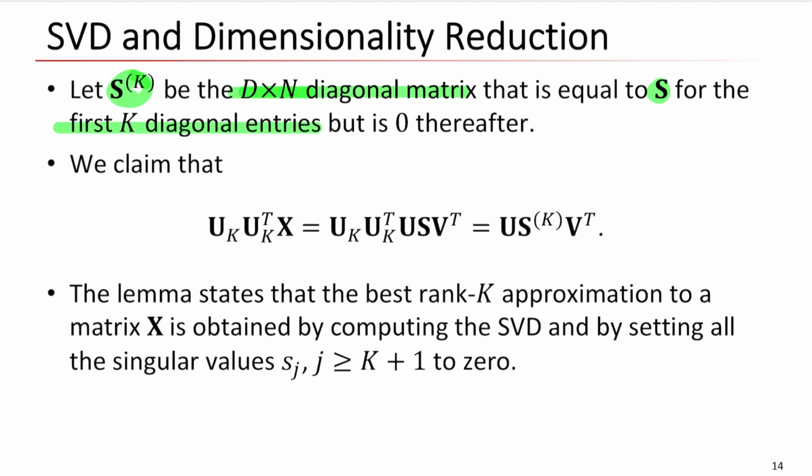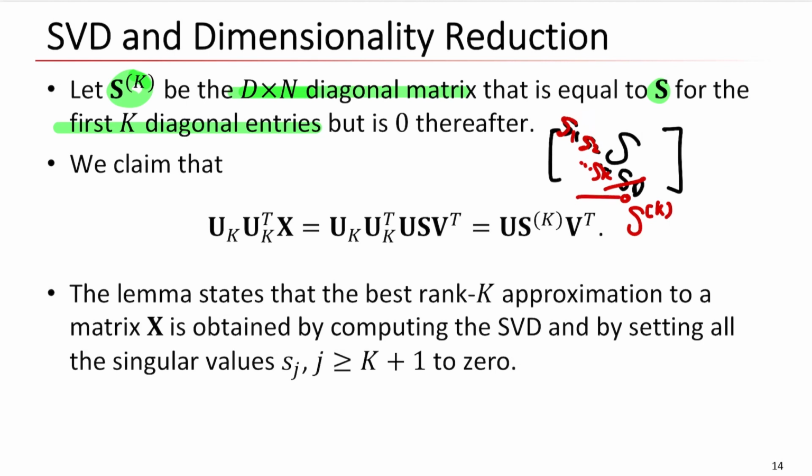So this is the original matrix S: there are S1, S2 through ST, right? When we keep just S1, S2 through Sk with zeros elsewhere, that will be the new Sk.